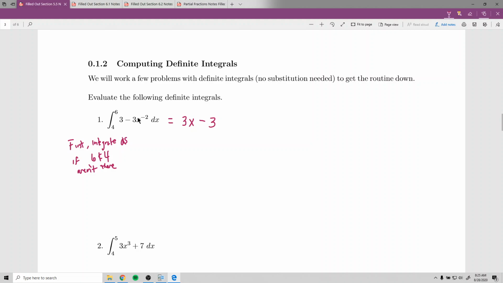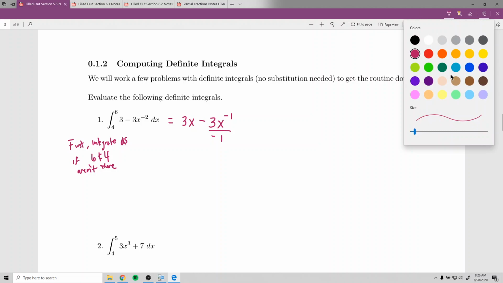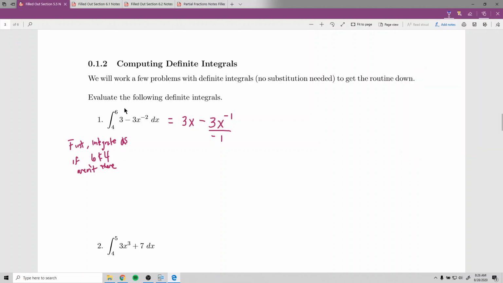We do our power rule, which means we add 1. -2 plus 1 is -1, and divide by the new power. Right? But since we have our numbers on the integral here, I'm not going to write my plus c. Instead, I'm going to do my evaluation bar from 4 to 6.